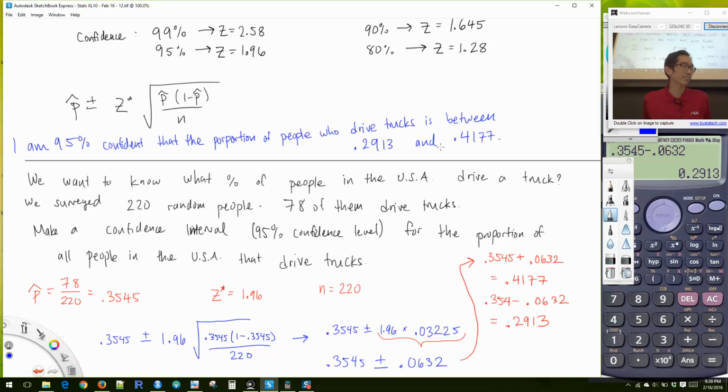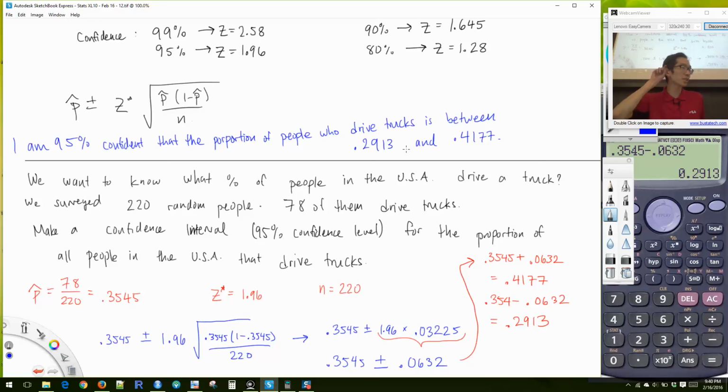Do we have evidence that that magazine is wrong? No, because 40% is in this interval. 40% is in between 29% and 41.7%. Basically, these are plausible values for us based on the data we've seen.